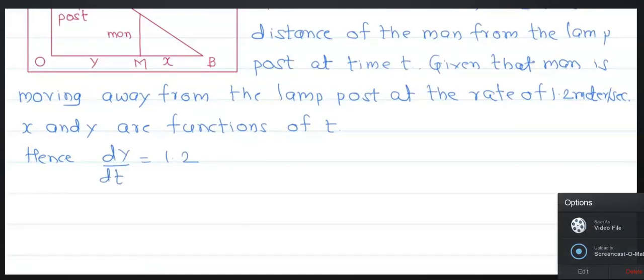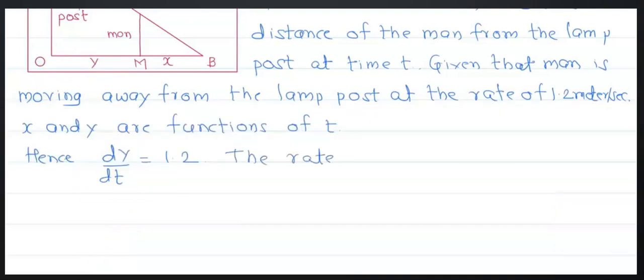Now, what is dy by dt? We have been given that the man is moving away from the lamp post at the rate of 1.2. That is dy by dt. Its rate is given, that is 1.2 meter per second.